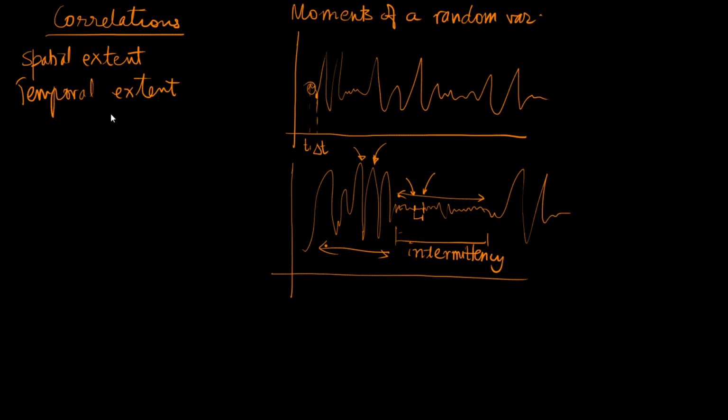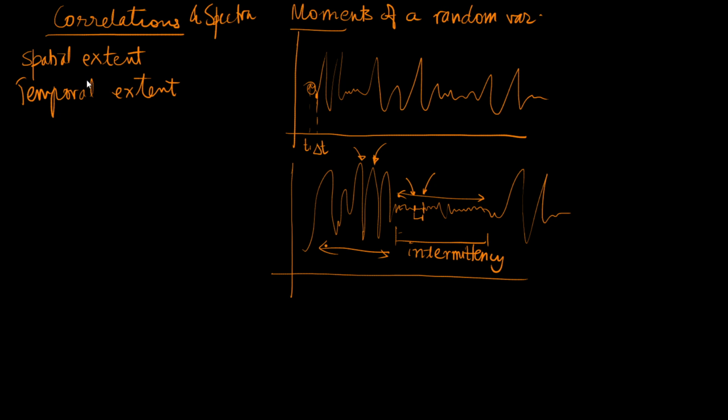Okay. So in the study of turbulence, correlations and spectra are quite important because they help to characterize the fluctuations in a manner which goes beyond just moments.